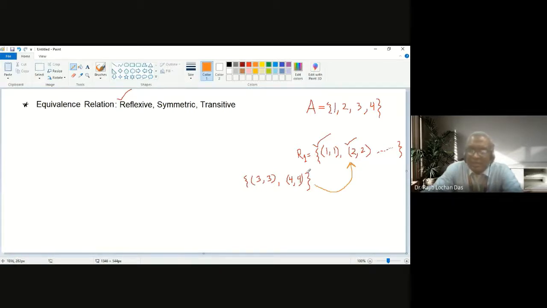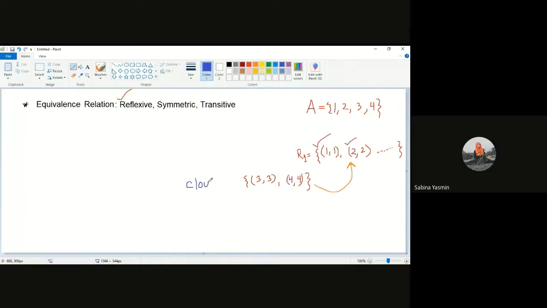So if there is something which is missing, which needed to be included, that is called closure. That part, that set which is necessary, that is called closure. You understand what I am saying?